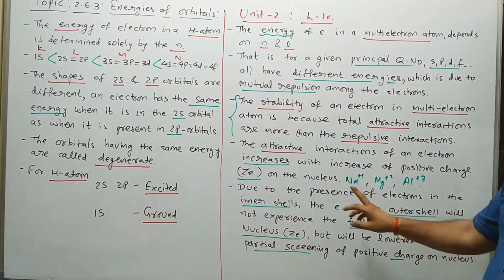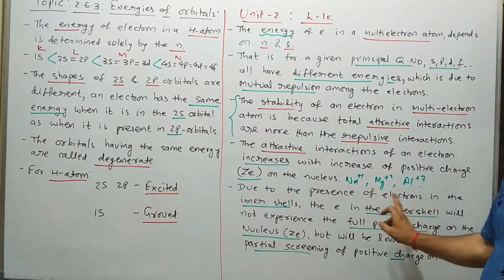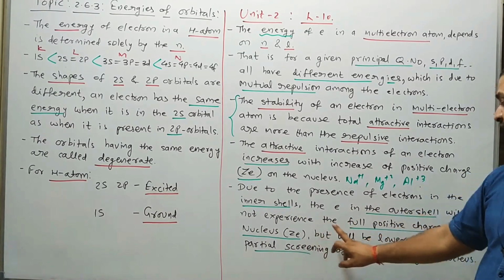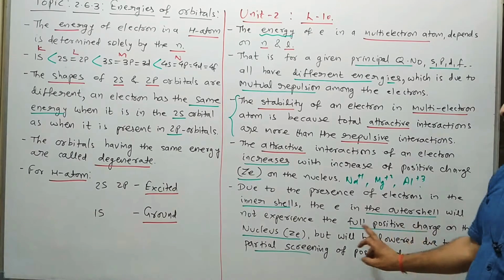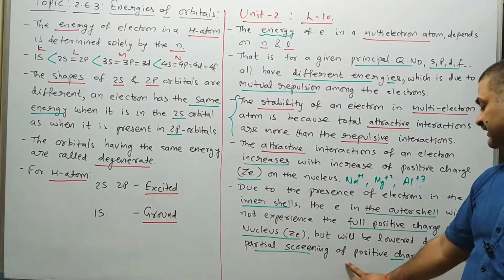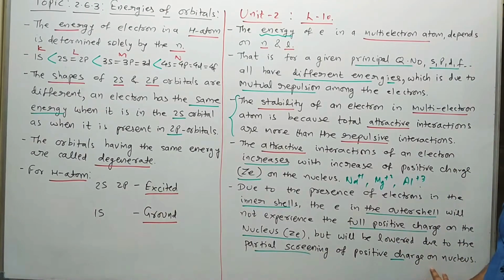Clear? The electron in the outer shell will not experience the full positive charge on the nucleus, but it will be lower due to the partial screening of positive charge on the nucleus.